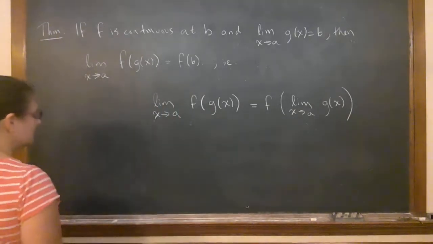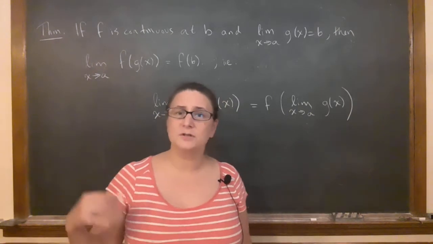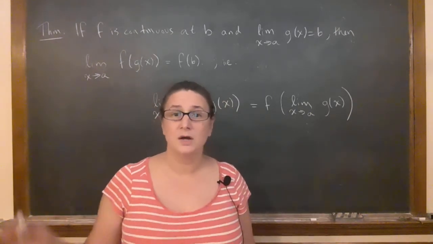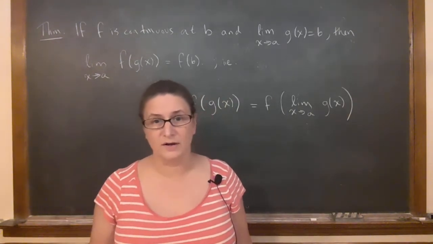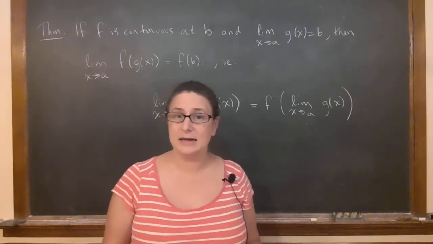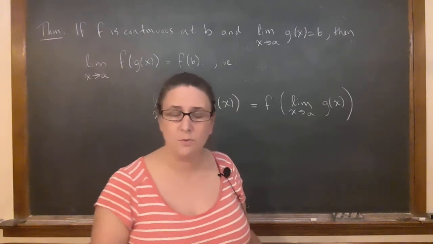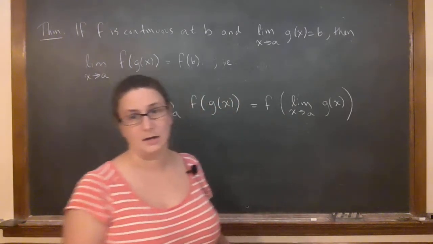So this is the direct substitution property that we first talked about, how it worked for polynomials and rational functions. But of course, you can actually do this for any continuous function. It has to be continuous at the point where you're trying to pull the limit in. All right?